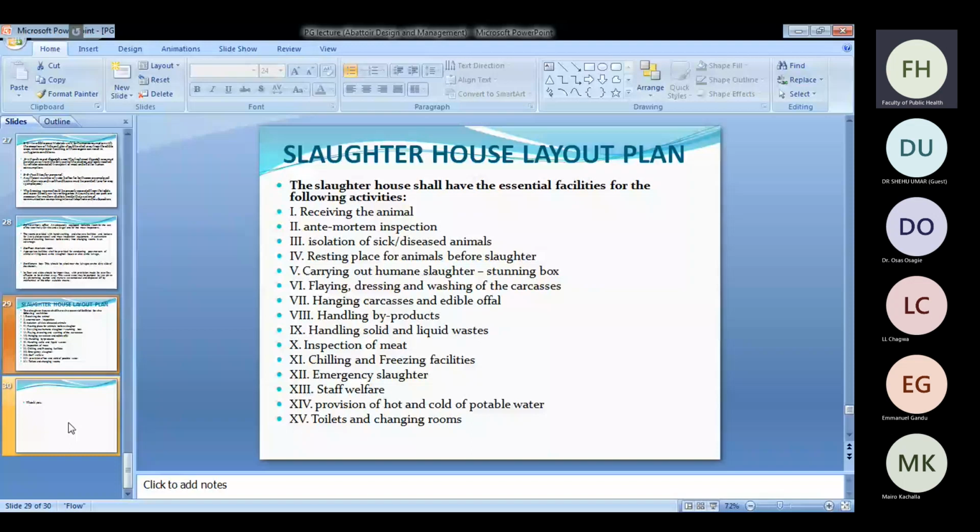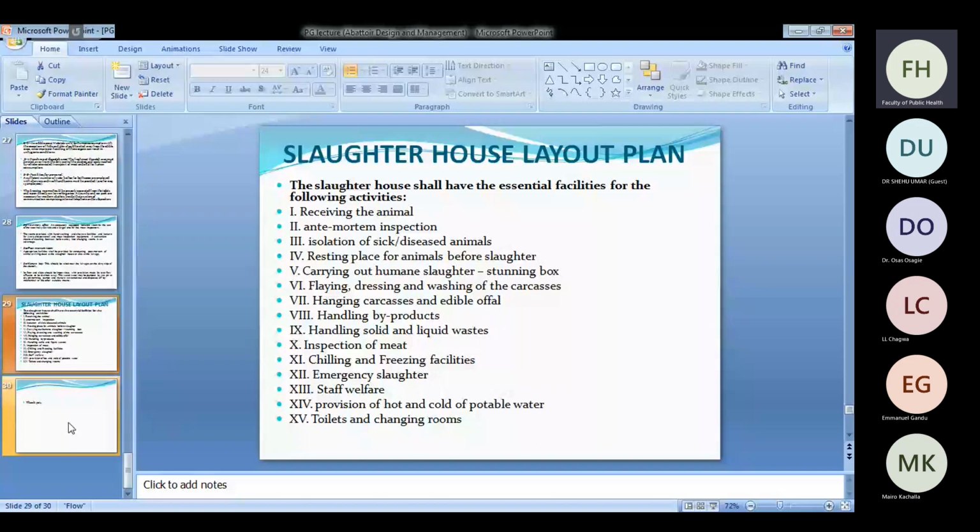Solid and liquid waste? It can be confusing now.